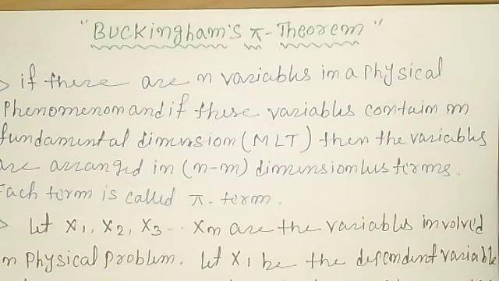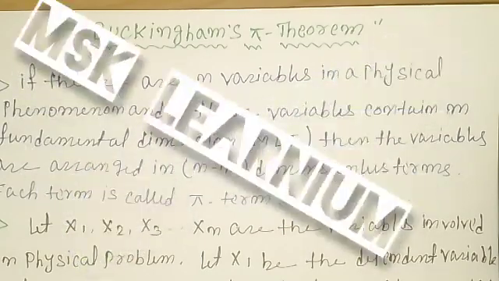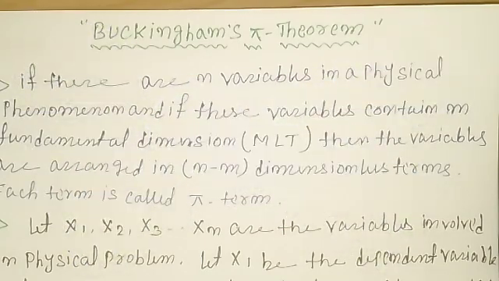In the Buckingham pi theorem you have to find the pi terms, then write down the dimensional relations, then find the arbitrary power values, and later substitute them into that equation to get the dimensional relations. So what the Buckingham pi theorem is and how to solve a problem with its help, all those things we are going to discuss in this video.